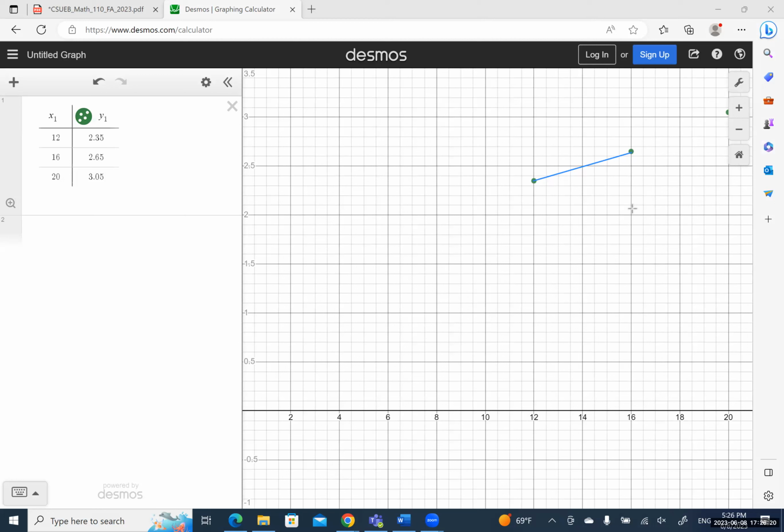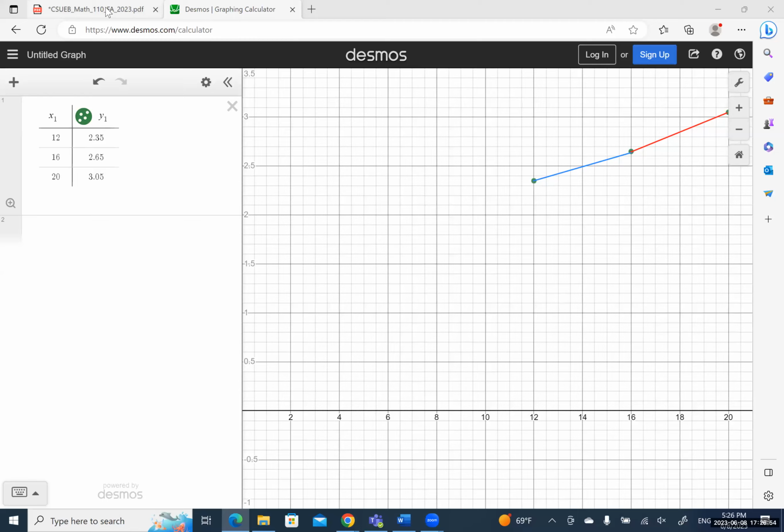Then I draw another line from this point to this point. Now you can see that these two lines do not form a straight line. These 3 points are not on the same line, right? According to the graph.